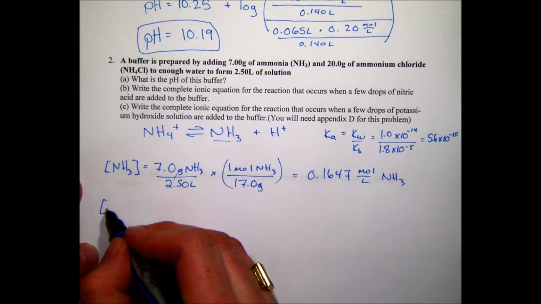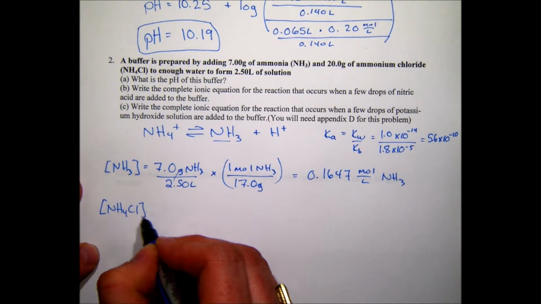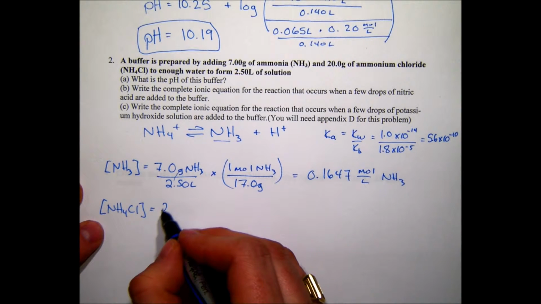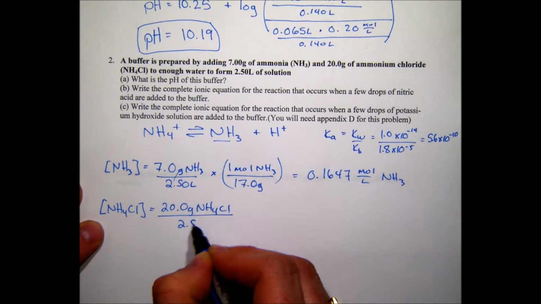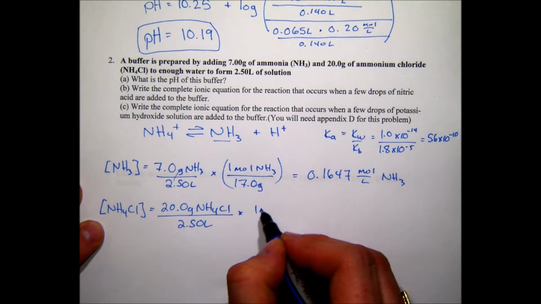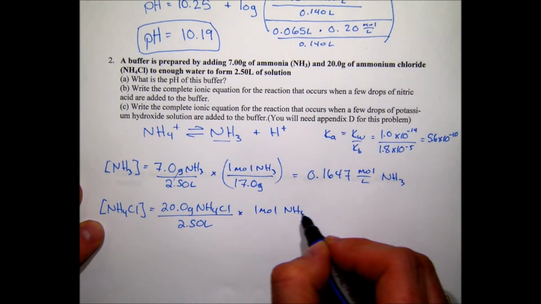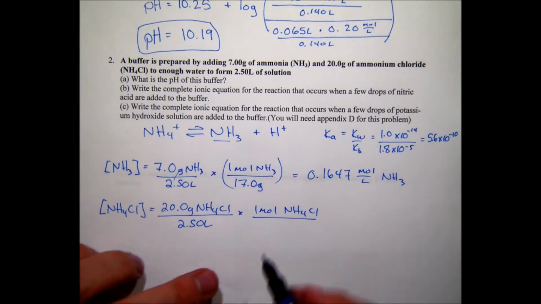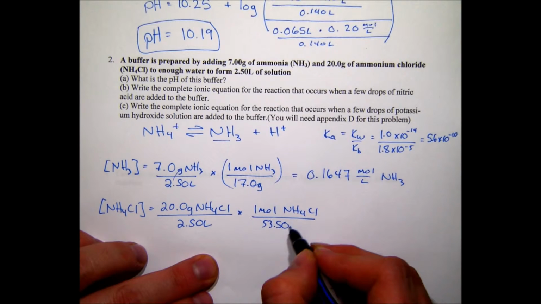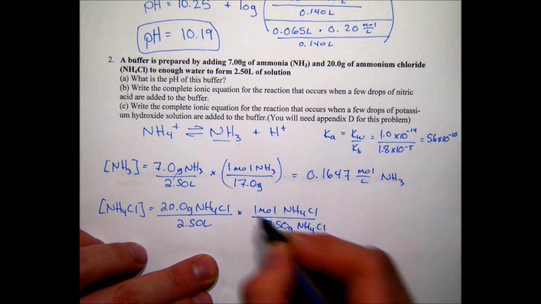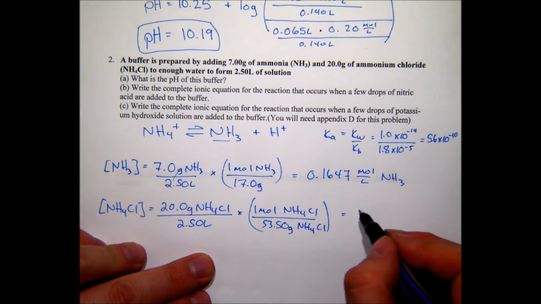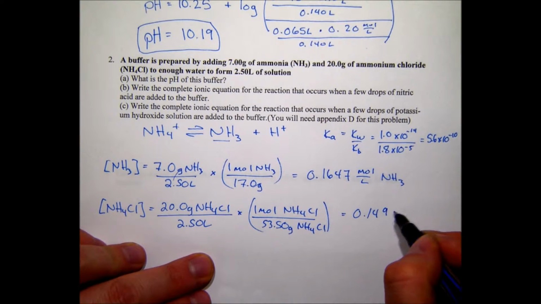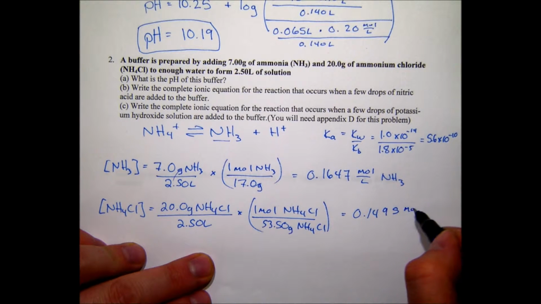I do the same thing with ammonium chloride: 20 grams NH4Cl over 2.50 liters times 1 mole NH4Cl over 53.50 grams of NH4Cl, which gives 0.1495 moles per liter NH4Cl.